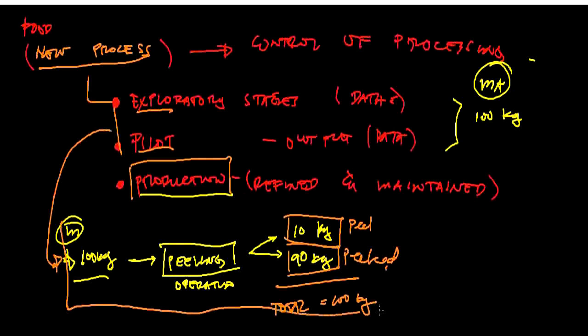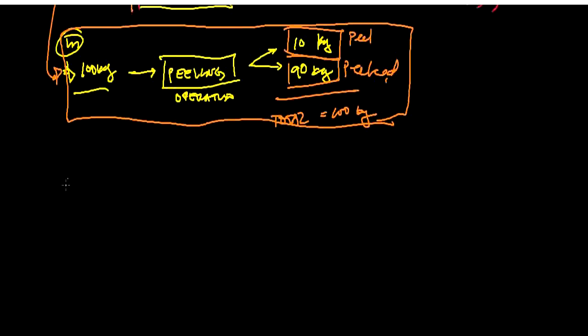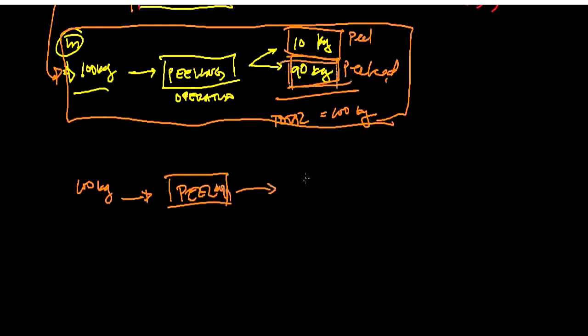Okay, but during the operation, since this is being refined and maintained during the production, say you've noticed that this 100 kilograms of your raw material, which is your mango, after the peeling operation, instead of 90 kilograms of peeled mango, you only have 50 kilograms of peeled mango and 10 kilograms of peel.